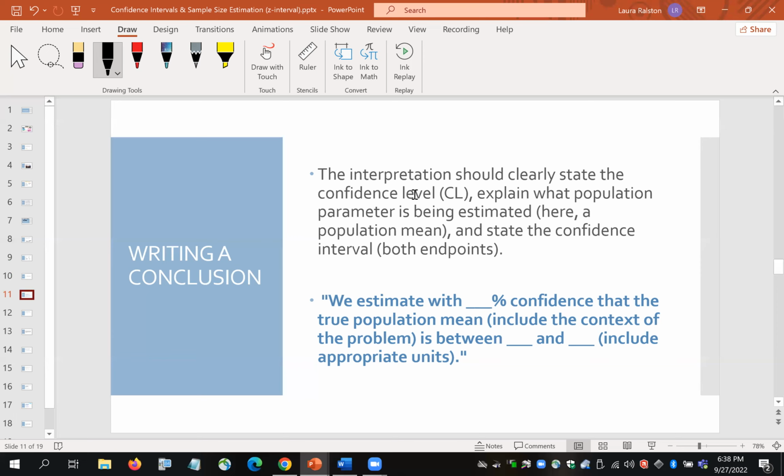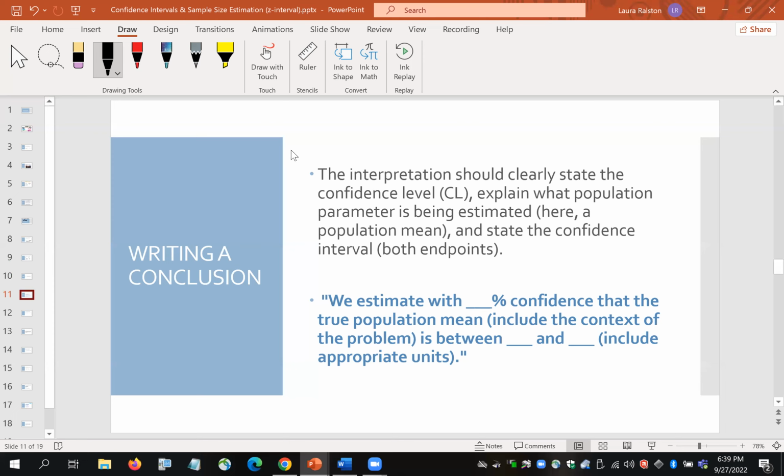The phrasing that you're going to see me use pretty much every time is the one in blue here. We estimate with percent confidence that the true population mean, then you have to put it back into the context of the problem. The true population mean age is between lower bound and upper bound, and you would put the units, whether that's years or inches, whatever it might be.